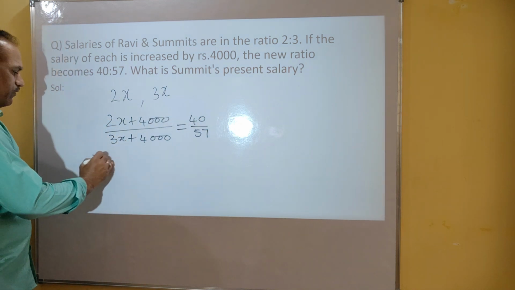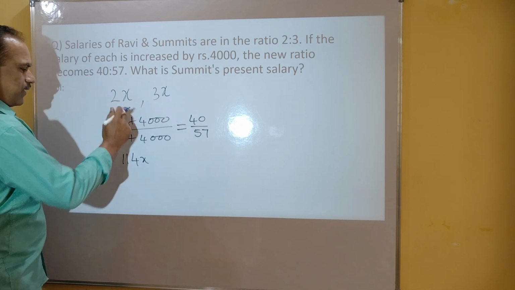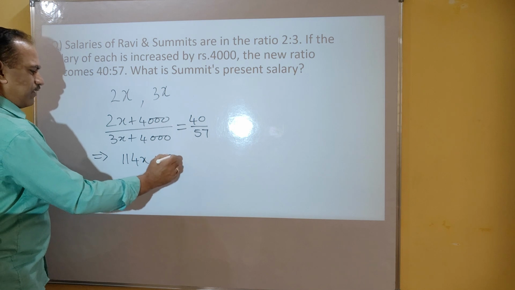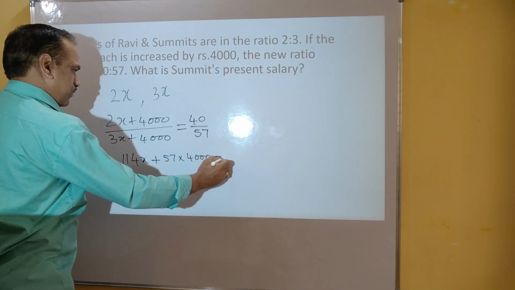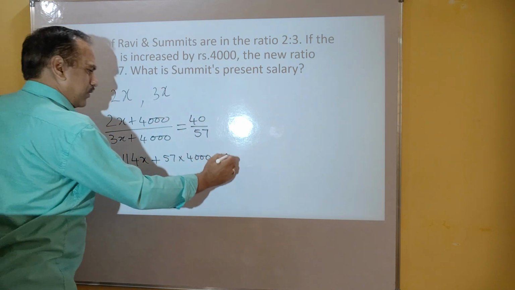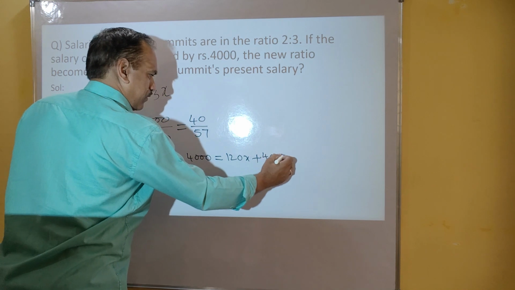40:57. So if you simplify, 114x, cross multiply, plus 57 into 4,000 equals 40 into 3, 120x plus 40 into 4,000.